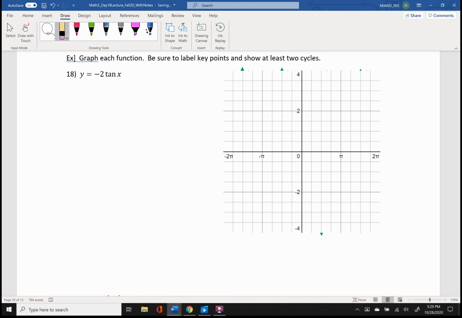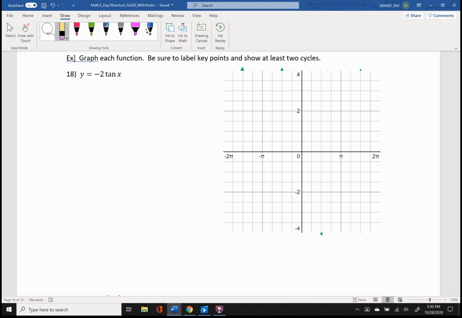You know what we need to do? We need to come up with our 5-point bit and determine what will be the position of the asymptotes.